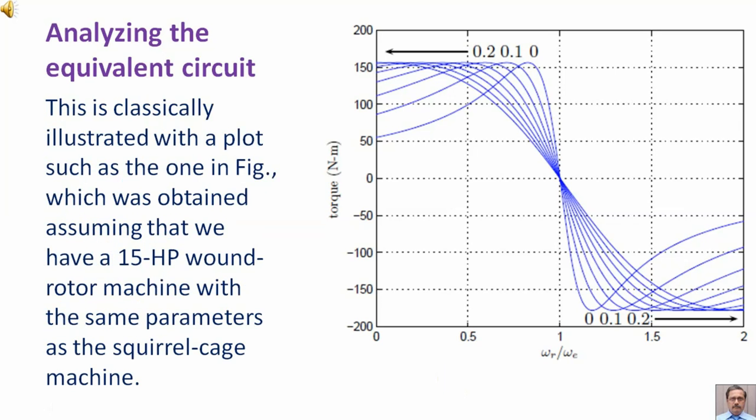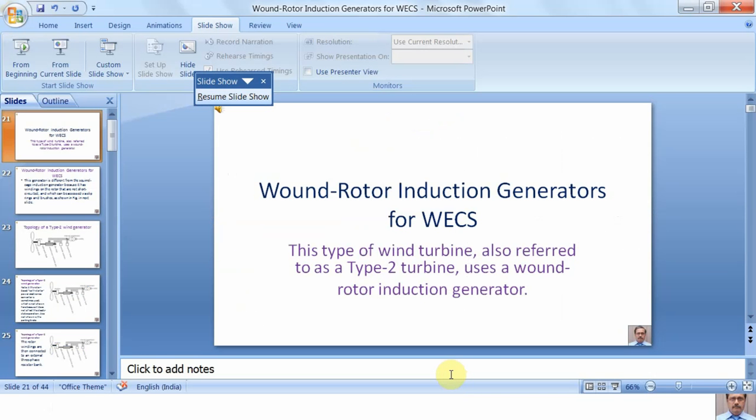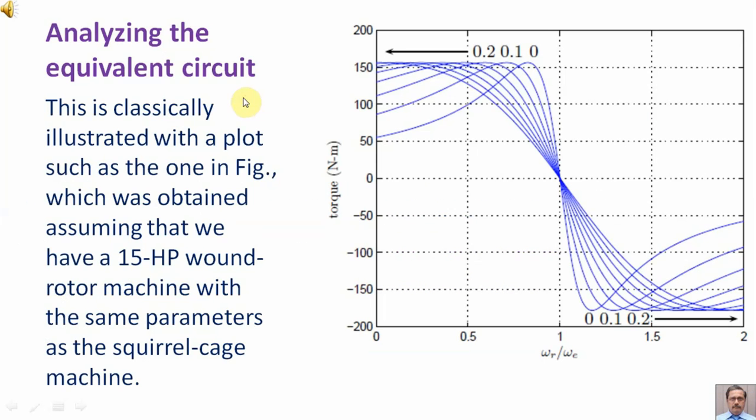This is classically illustrated with a plot such as the one in the figure, which was obtained assuming that we have a 15 horsepower wound rotor machine with the same parameters as the squirrel-cage machine.